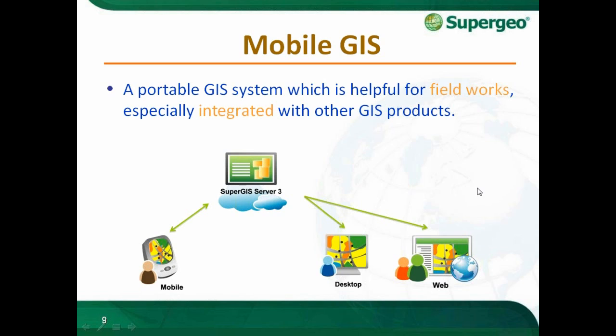So for example, if you have all these GIS products working together, you can use the mobile GIS to collect data in the field, and after the field survey, you can synchronize the data to the server. So people, whether they are using the desktop GIS or web GIS, can see the synchronized data in real time.